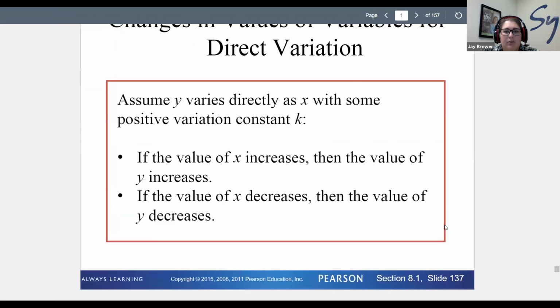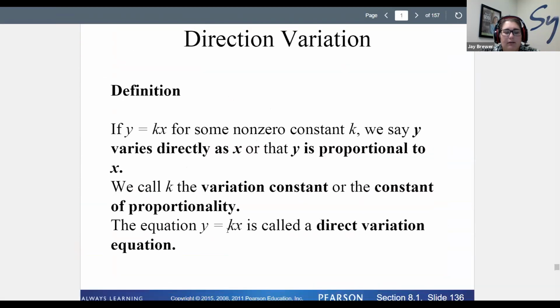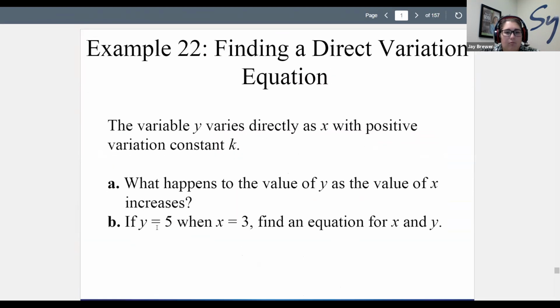Let's look back at the equation. It was y equals kx. Well, we have y equals 5 and x equals 3. So let's just do it right here on the slide. So y equals kx.